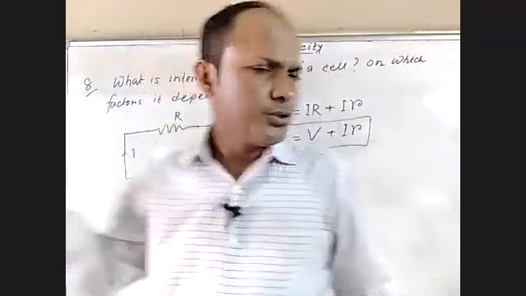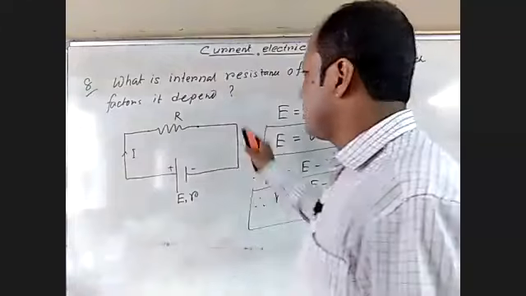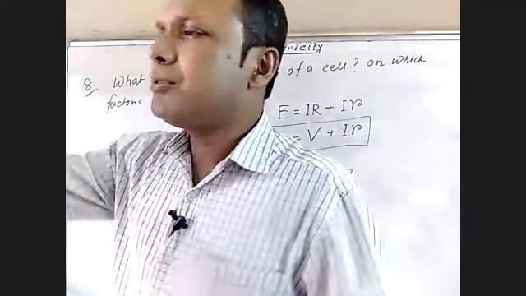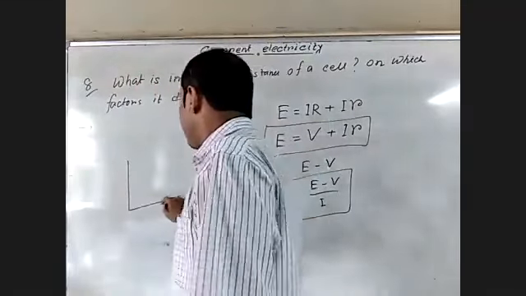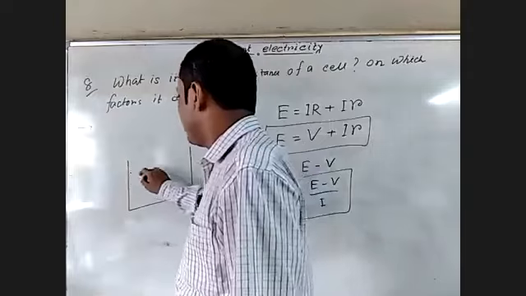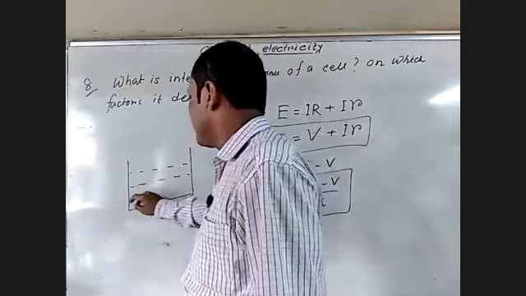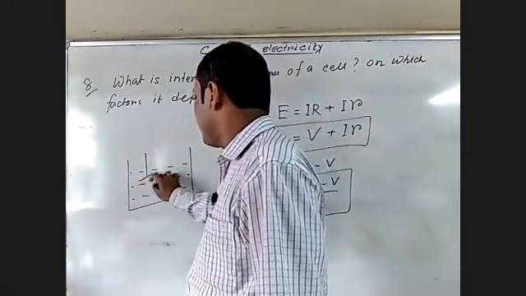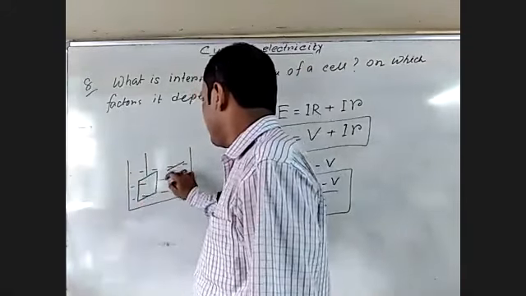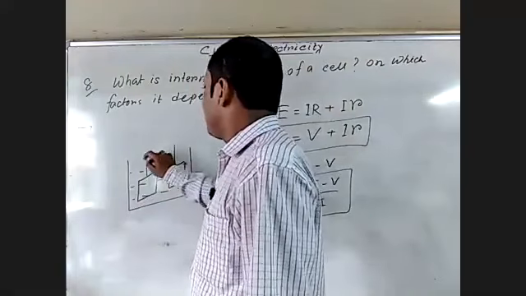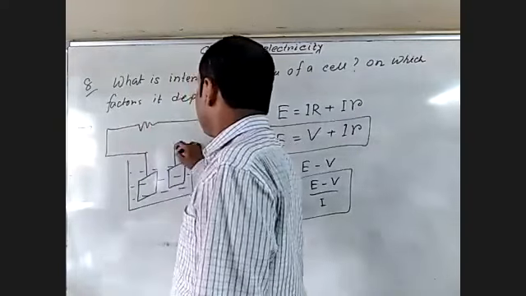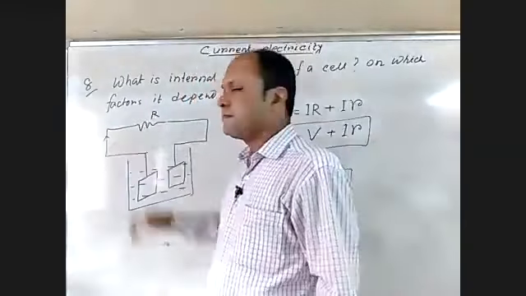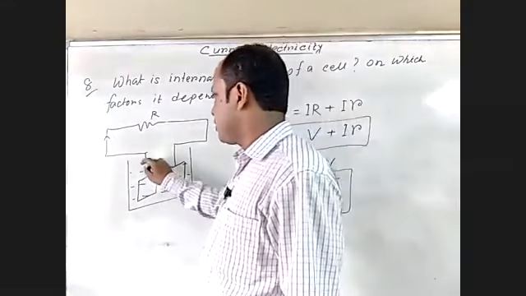One thing I'm trying to show you: if you try to design a cell, in lower classes you may already have observed this kind of diagram. This is the liquid that we call electrolyte, there is an electrode here, another electrode there, and this is the external resistance. Current is flowing in this way.